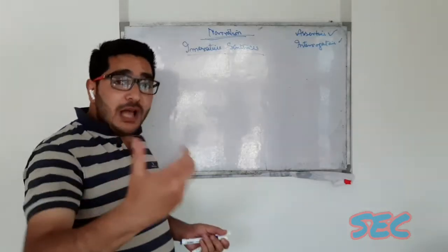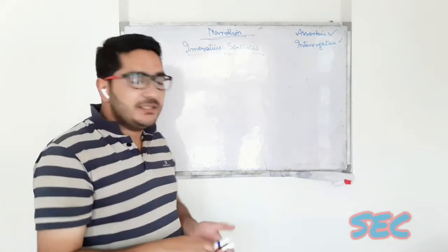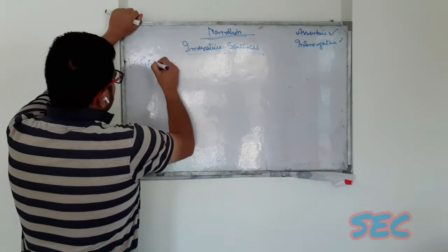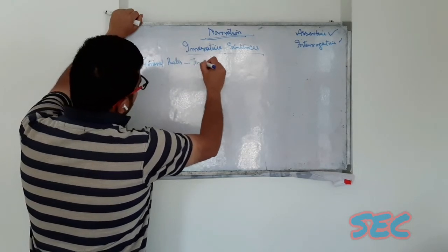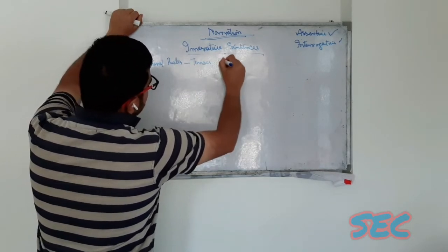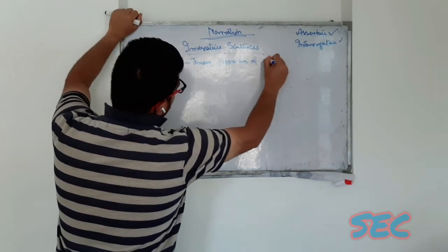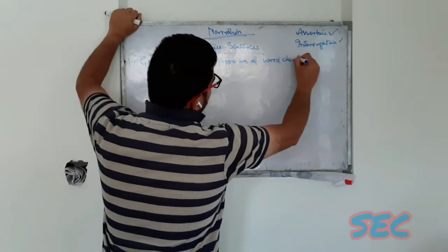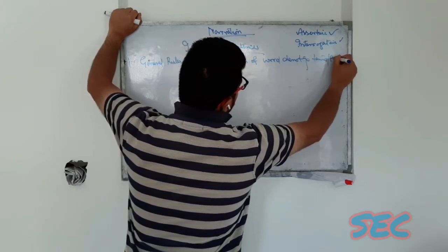See, the rules which we have to follow while changing an imperative sentence are these. First, general rules are followed. In general rules, we have rules concerning tenses, pronouns, and words denoting time and position.